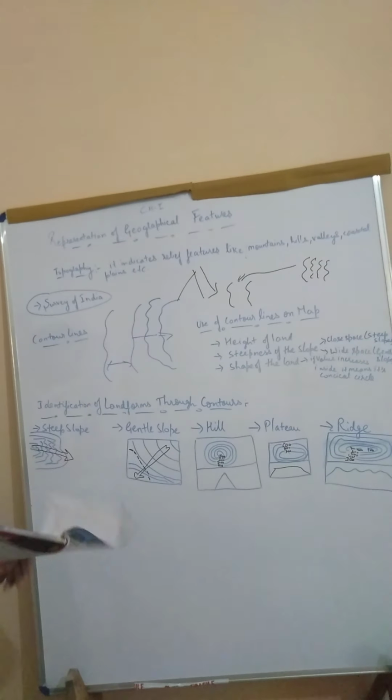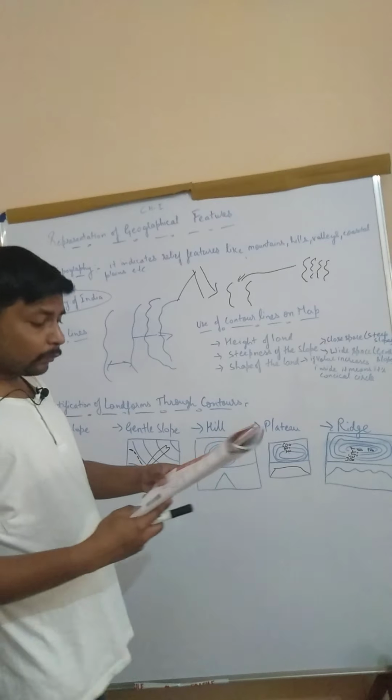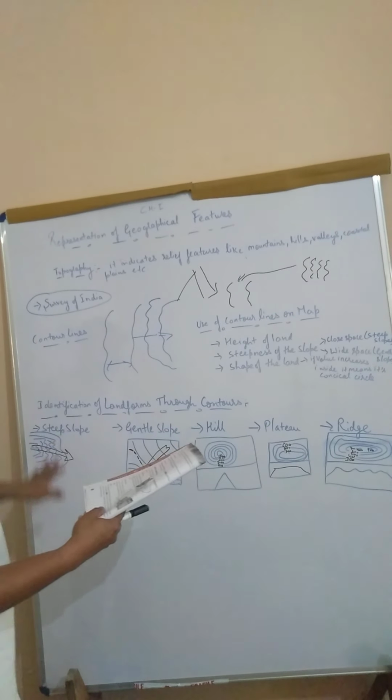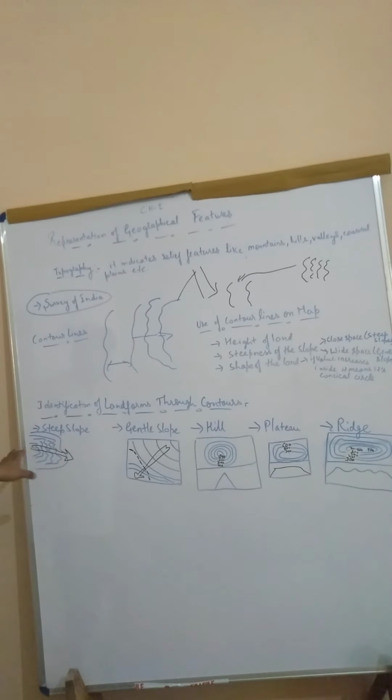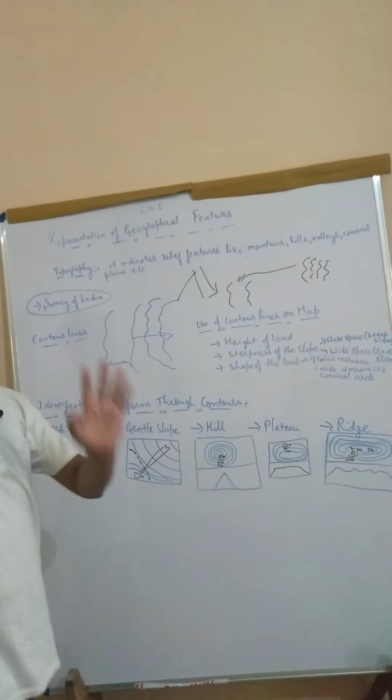So for that, what you need to do is, if it's a steep slope, then there will be a lot of contour lines. If you look at the map, there are lots of zigzag lines given in the contour shape. That means there you can find a steep slope.